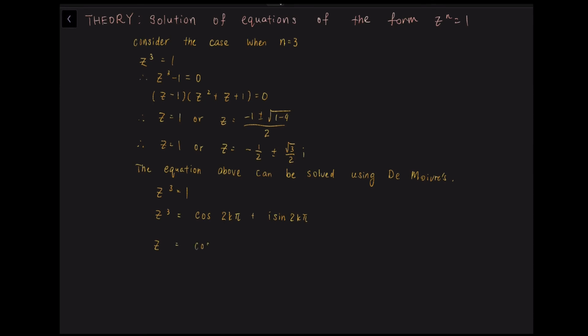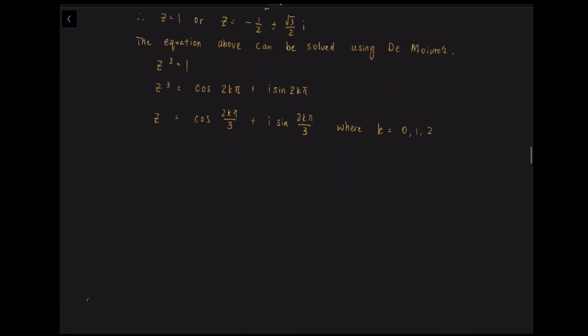And then sine 2k pi is 0. So cos 2k pi plus i sine 2k pi still equals 1. And then we use De Moivre's theorem, changing it into cos 2k pi over 3 plus i sine 2k pi over 3, where k equals 0, 1, 2.